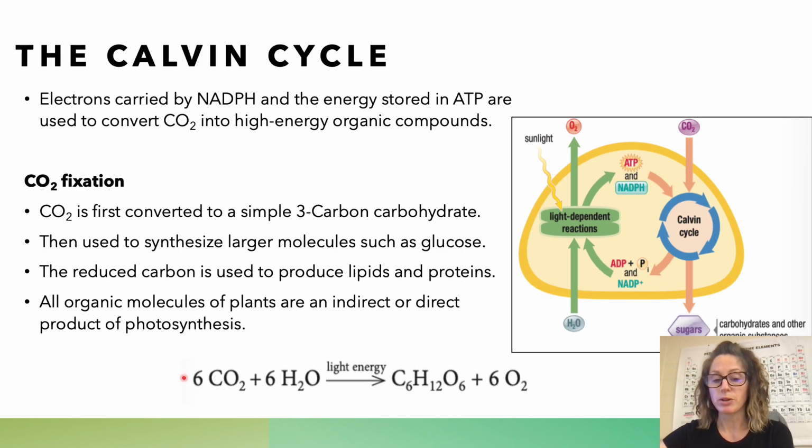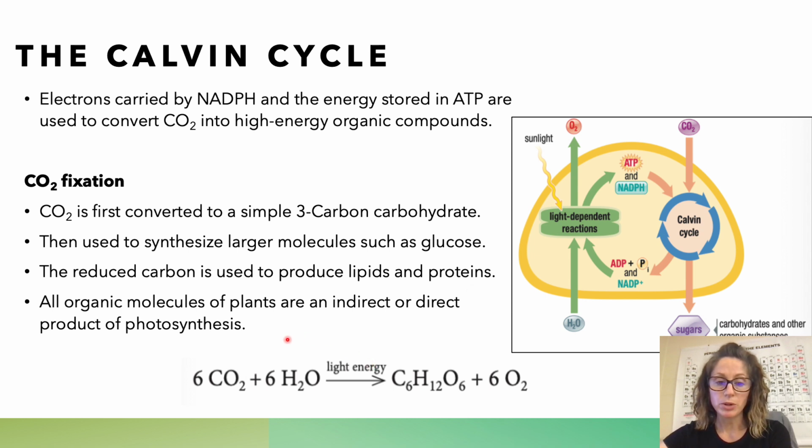In the Calvin cycle, we are using that NADPH and the ATP that was produced during the light-dependent reactions. Here we get carbon dioxide being converted to a simple 3-carbon carbohydrate called G3P, if you remember from glycolysis. This G3P is used to make other larger molecules like glucose, or we can get lipids and proteins as well.